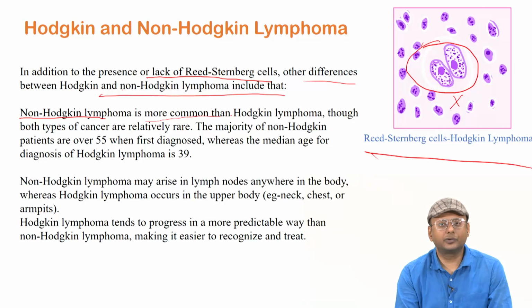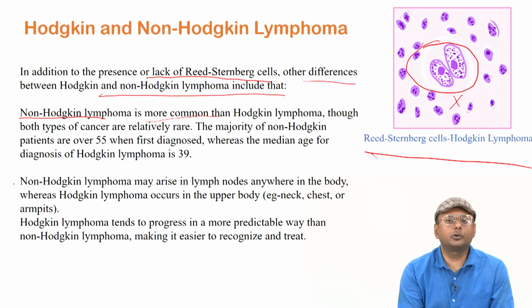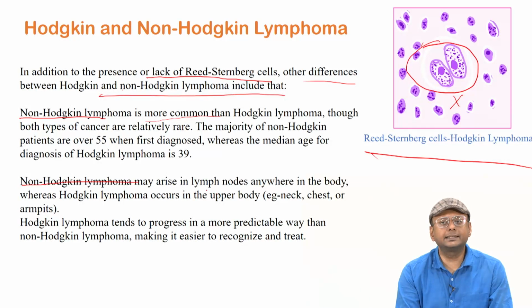Also, very important to note is that non-Hodgkin lymphoma may arise in a lymph node anywhere in the body, but Hodgkin lymphoma mostly arises in the upper part of the body. Hodgkin lymphoma also moves in a more predictable way, so it is a little less risky.